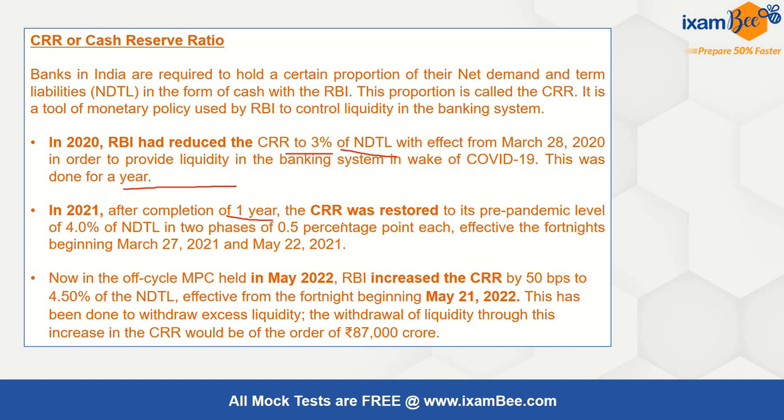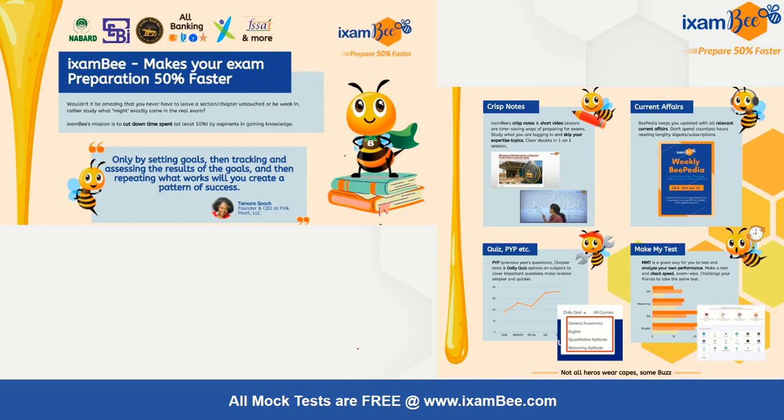After 1 year, CRR was restored to the pre-pandemic level of 4% in two phases, 0.5% each. And then in May 2022, RBI increased CRR by 50 bps to 4.5% to withdraw the excess liquidity from the system. This 0.5% increase is going to withdraw 87,000 crore. I discussed it in an earlier video also.